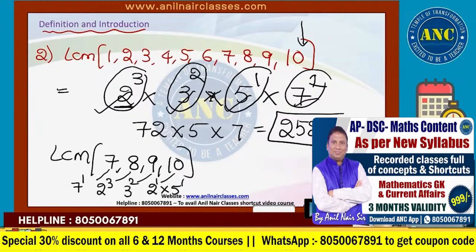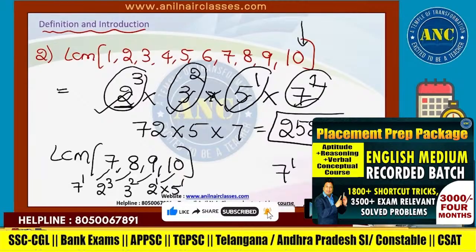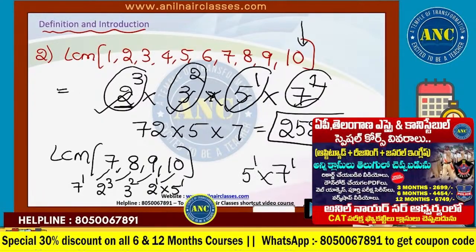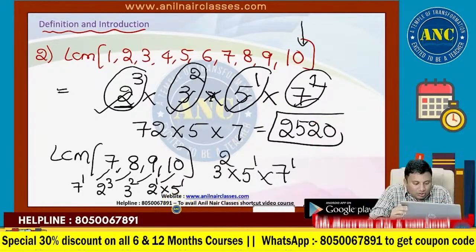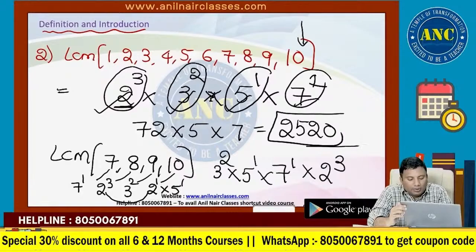LCM takes the highest power. 7 power 1, nothing else. 5 power 1, nothing else. 3 square, nothing else. 2 cube, 2 power 1. What is highest? 2 cube. So 2 cube is taken.